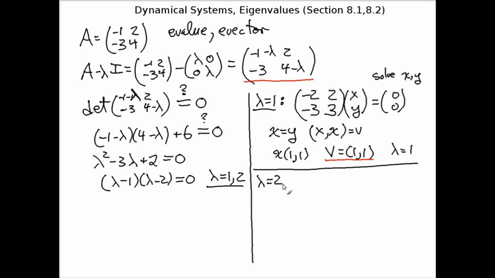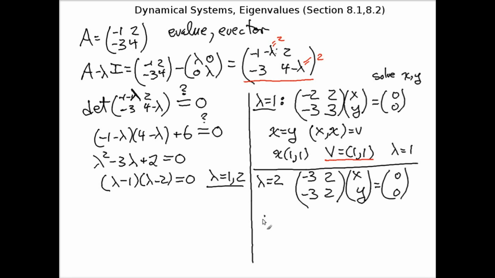And for the second eigenvalue, this first one corresponds to lambda is equal to 1. And when lambda is equal to 2, when you plug in lambda is equal to 2 here, you get minus 1 minus 2 is minus 3. 4 minus 2 is 2. And we're trying to solve this is equal to 0. And you just stare at that for 2 seconds, and you see one possible solution is xy is equal to 2, 3.